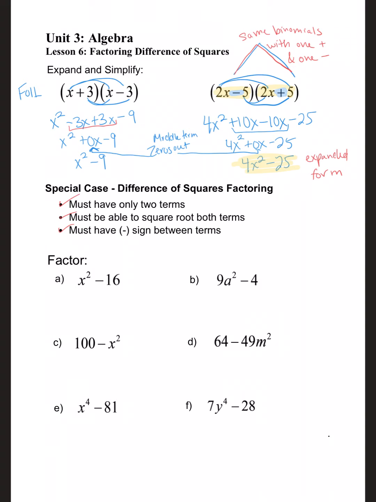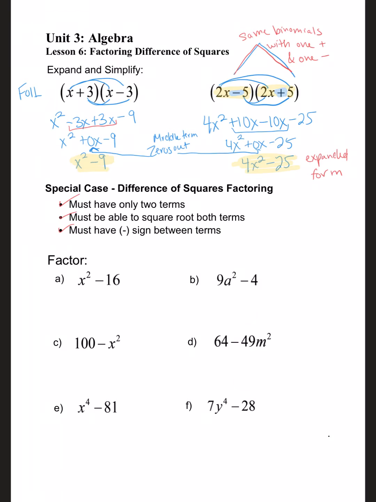So 4 is a perfect square, 25 is a perfect square. If we look at our first example, we have 1x squared minus 9. That also brings me to x squared is a perfect square. If we take the square root of something being squared, it just gives us the base there. So the square root of x squared would be x, and the square root of 9 would be 3.